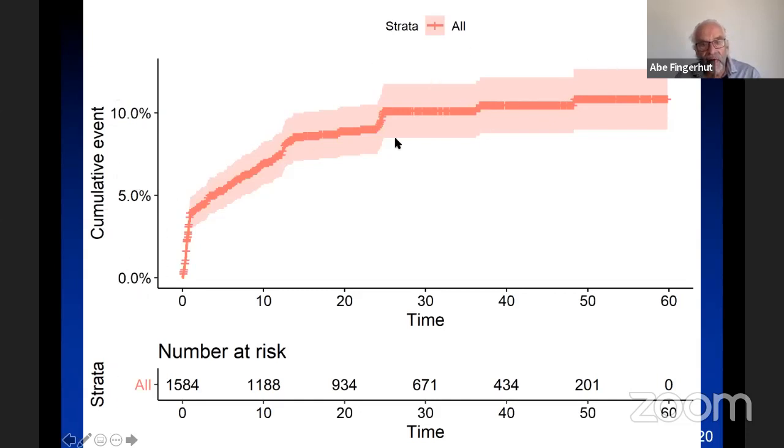And every time you have a Kaplan-Meier or time to event, you have to know the number at risk for each individual piece of information. 1,584 for the time 0 to begin with. 1,188 after the time unit 10, or whatever that time was, and so forth and so on, so that we finally came out with no survivors here at the end, or no patients left for whatever criteria we're talking about.